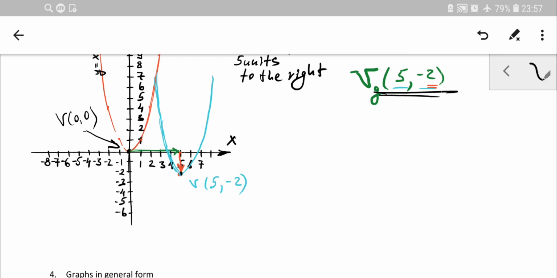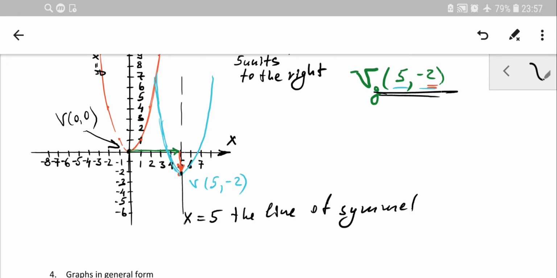Your parabola is not turning. So that's why the vertical line that goes through x equals 5 will be the line of symmetry. Okay, so that's how it works.